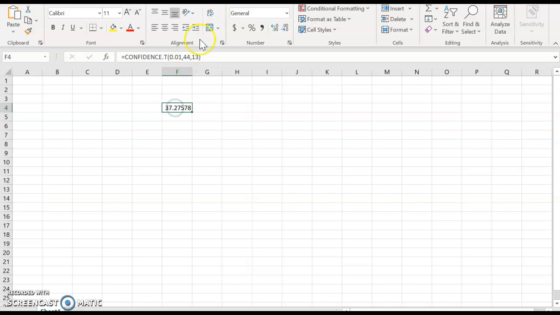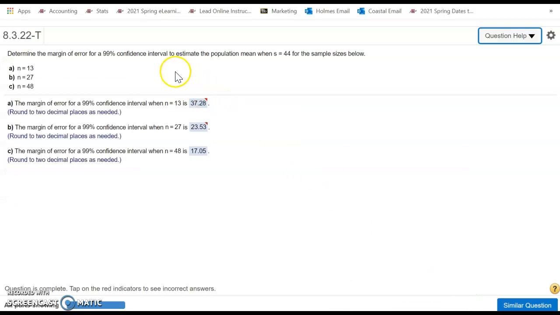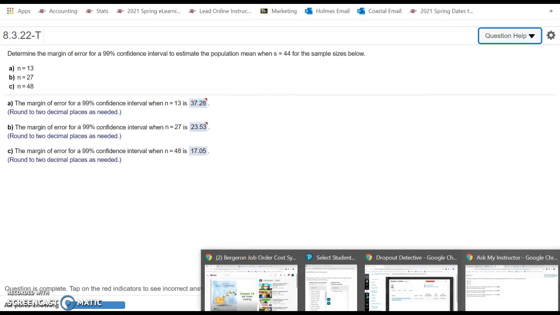So your number here is 37.28. Okay, that is your margin of error. That's what we're trying to calculate here. I said confidence interval, but I meant margin of error when I said it earlier.